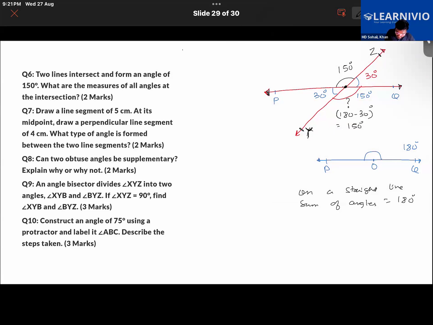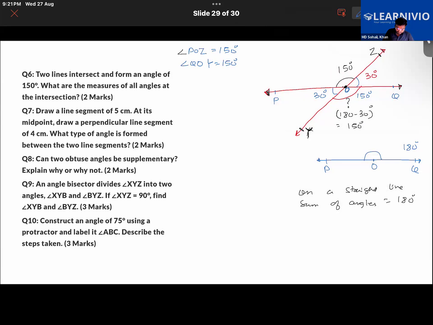Now name these angles also. How do we name these angles? Let's call the center O. That is the vertex. So this angle is angle POZ. Angle POZ is the same as angle QOY, so both of them have the same measurement.